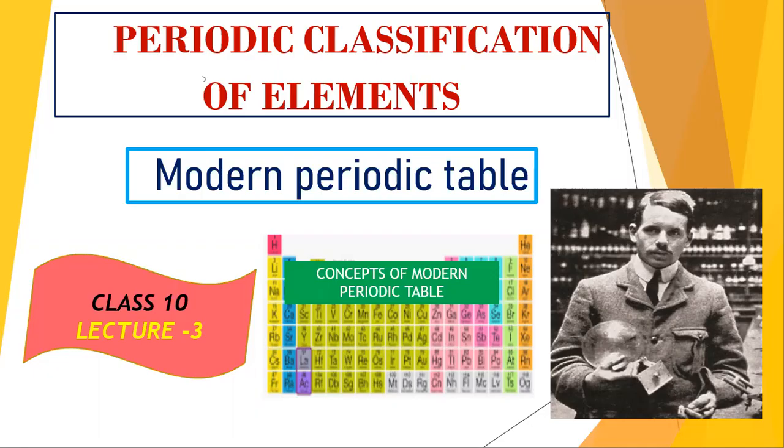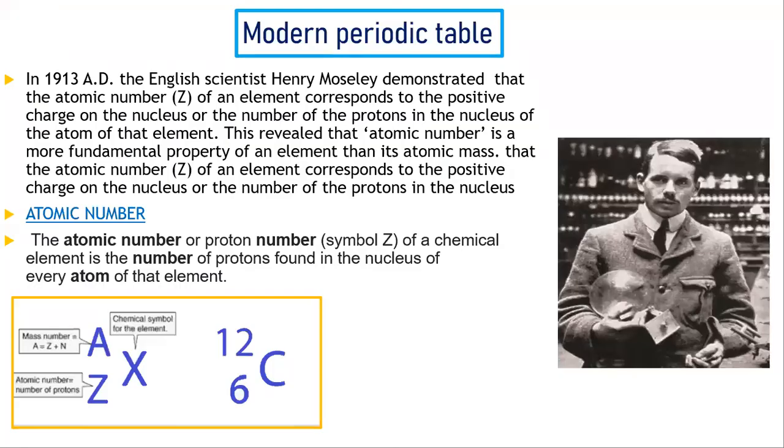Let us start. Modern periodic table. We have already discussed Dobereiner's triads, Newlands' law of octaves and Mendeleev's periodic law. All these three scientists studied the elements and arranged them in increasing order of atomic mass.